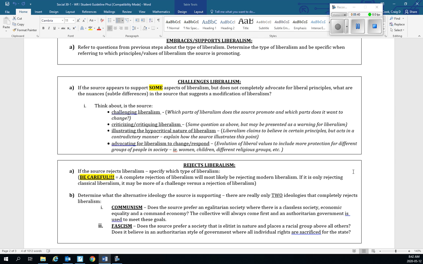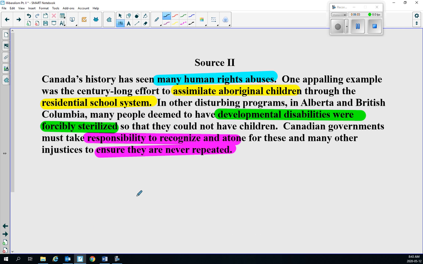You know, we often think of Canada as a modern 21st century democratic free country, which it is for the most part. And it's hard to believe. It surprises people that in Canada's past were acts of illiberalism. And if there's acts of illiberalism in Canada, you can be sure there are acts of illiberalism in other democratic countries too. So you get someone challenging or criticizing, critiquing liberalism.